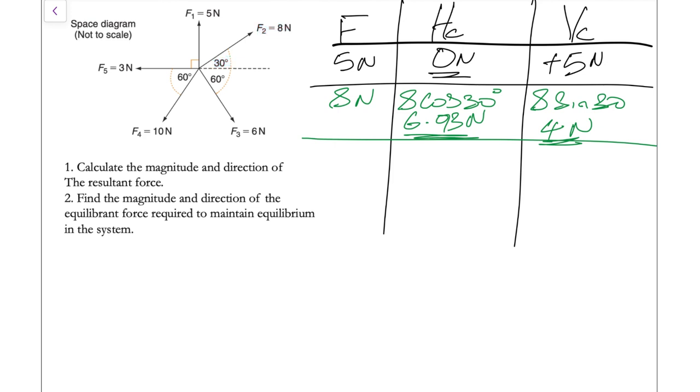So the next force that we have is force 3, 6 newtons, and the angle for this force is right there between the force itself and the horizontal axis, or reference, and we have 60 degrees for our angle.